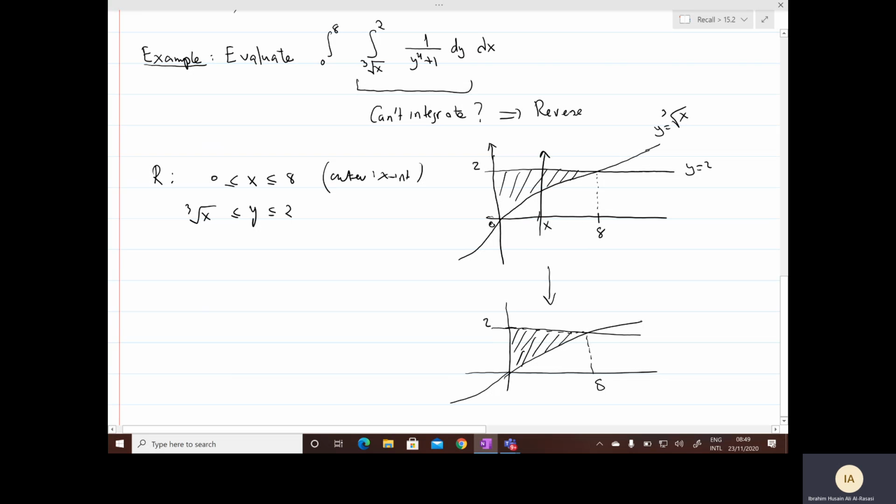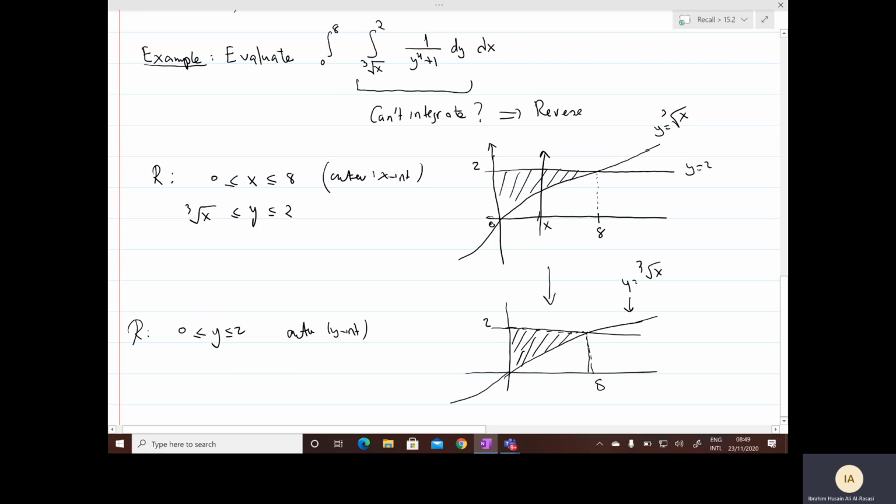This is the same region, and this is y equals cube root of x, and this is x equals 8. Now I want to take the outer to be the y interval. So what is the y interval of this region? 0 to 2. This is the y interval. So y between 0 and 2.